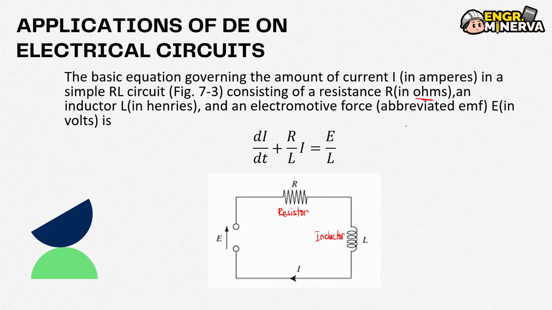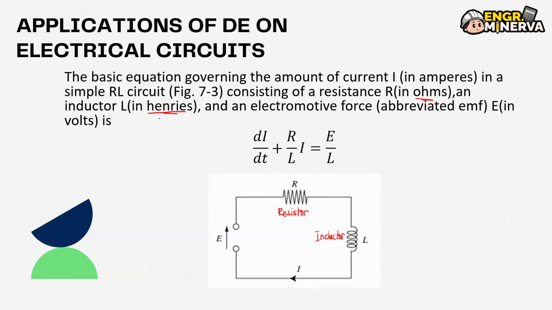Meanwhile, our inductor is a coil of wire, just like this one, that stores energy in a magnetic field. So the unit for our inductance is henries. Take note, it is in henries.